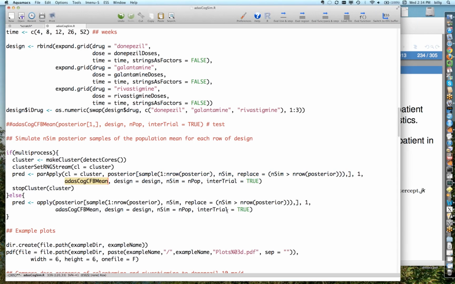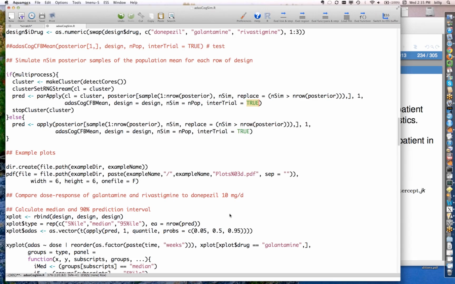It calls our ADAS-Cog CFB mean function that we set up, and then there are just the other arguments in here. I've got this written right now in the case where intertrial is equal to true. I'll actually illustrate both so you can get some idea of the scale of the difference that you might see. And that's the core of that.